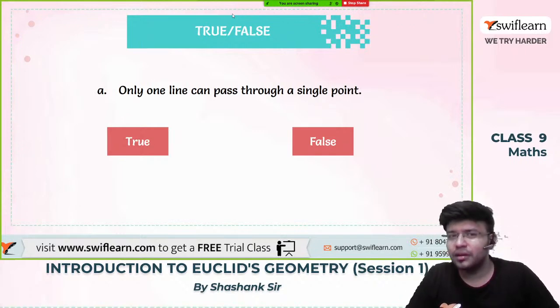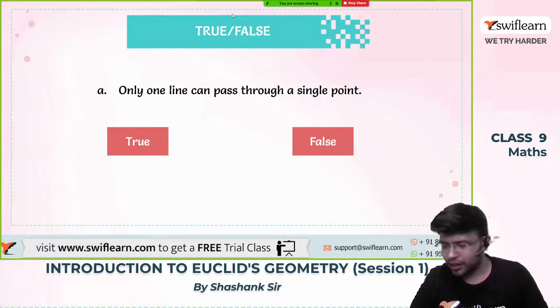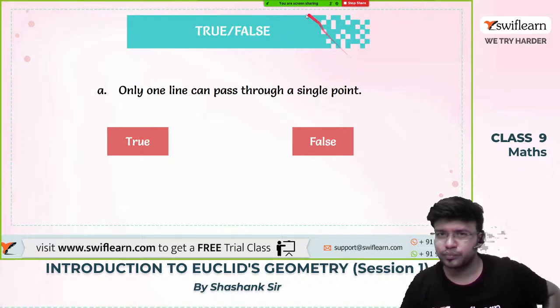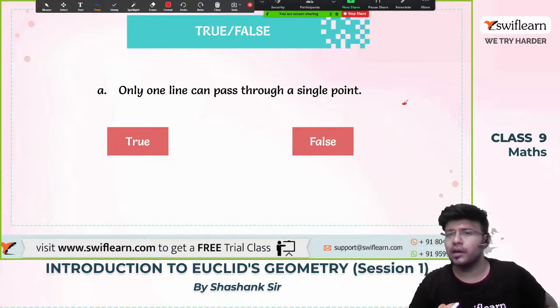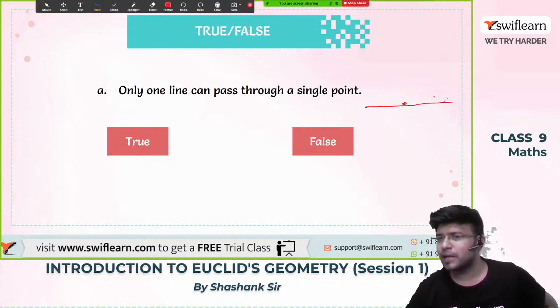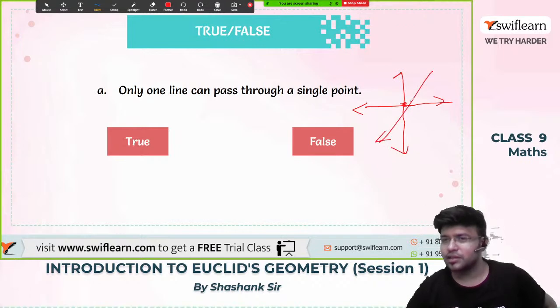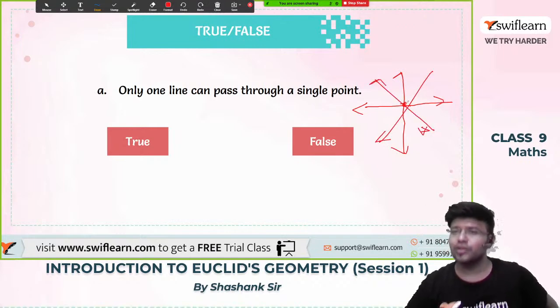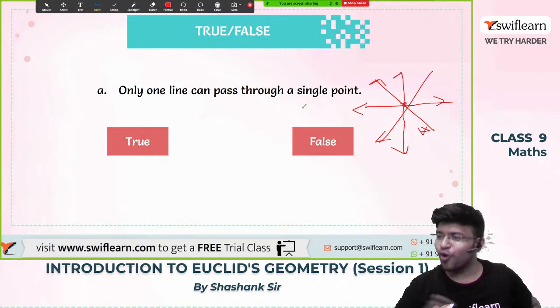Read the question. Only one line can pass through a single point. मतलब एक पॉइंट है. ये पॉइंट से क्या एक ही लाइन पास हो सकता है? क्या और लाइंस पास नहीं हो सकते हैं क्या? See, this is the hint which I have given. So, is it true or false, guys?